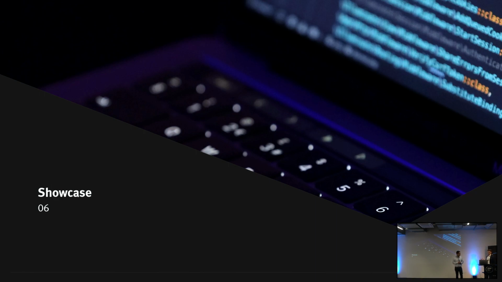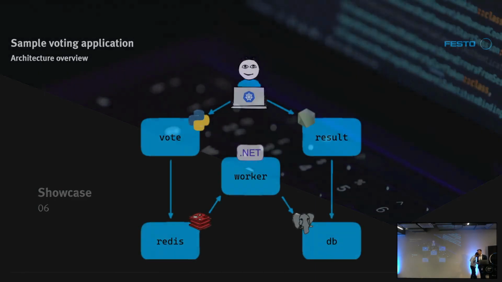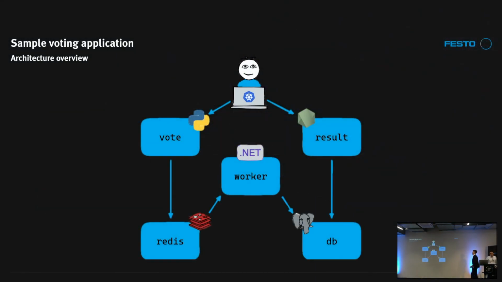Exactly. But before we start the deployment, I will give a short overview about the architecture, about the distributed application we are deploying now. So as you can see here, that's our perspective, the user in front. The distributed application consists of 5 containers. So there is a Python front end, which is a Flask application for voting. You have then 2 options to vote for. This Python Flask application is writing the votes you are sending on the front end to a Redis queue.